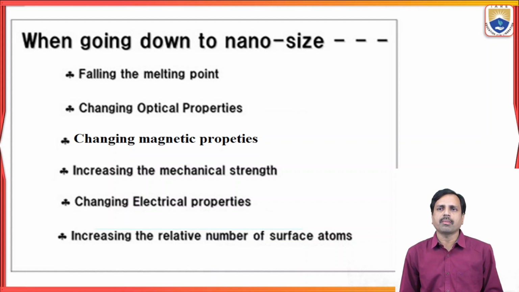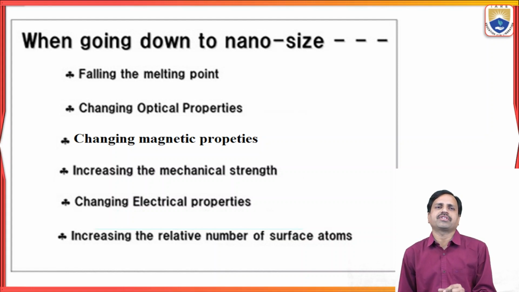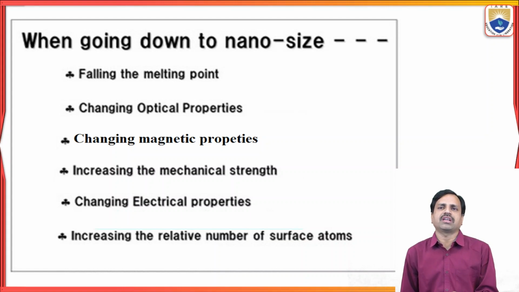Increases the relative number of surface atoms. Definitely the surface area of nanoparticles will be much more compared to the bulk material, because the size of the particle is reduced. The same particle has a certain surface area, but when we cut it into pieces, the surface area definitely increases.